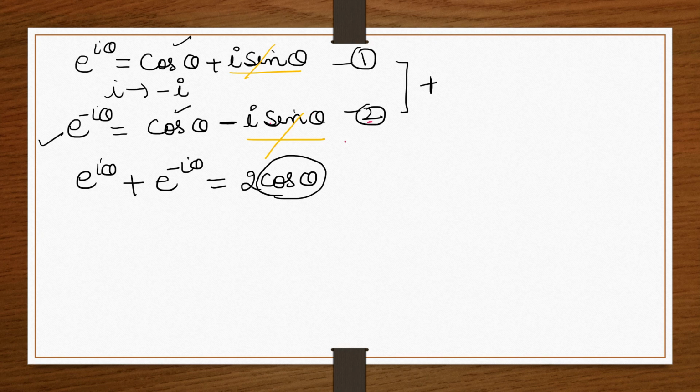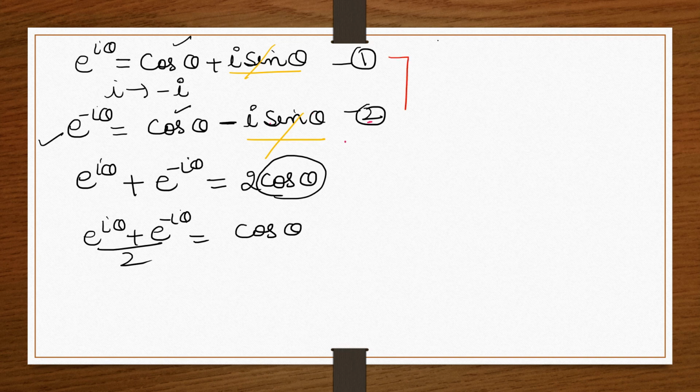So cos theta is equal to e power iota theta plus e power minus iota theta by 2. On similar lines, if you subtract equation number 2 from equation number 1, what will you get?